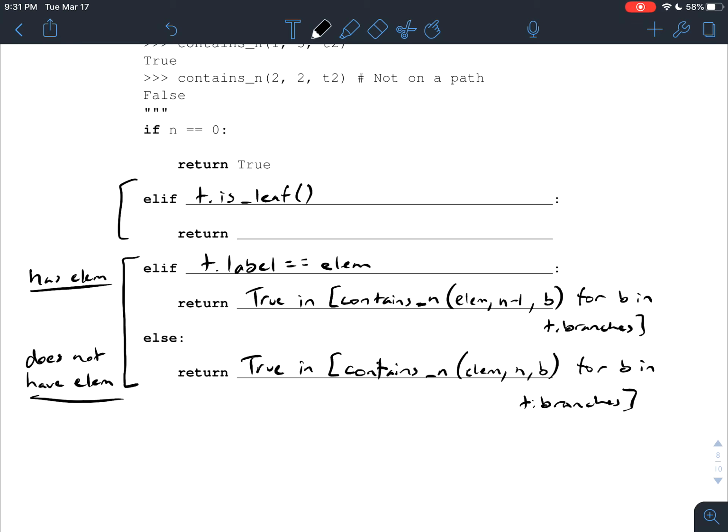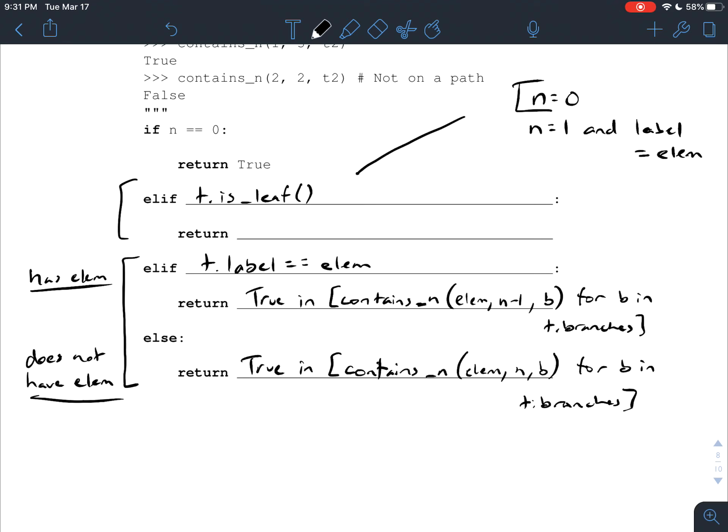Well, the only thing that can be done with a leaf is the case where we have n equal to 0 when we get to the leaf, or we have n equal to 1 and the label is elem. So that leaf fulfilled the last one that we were looking for.